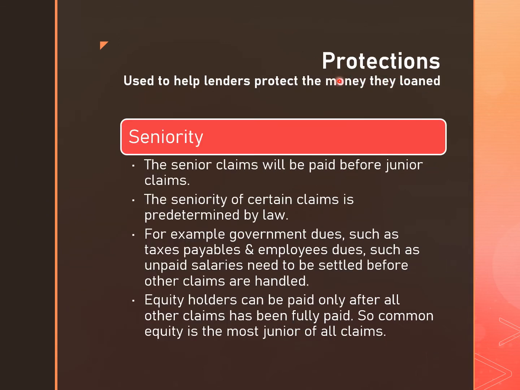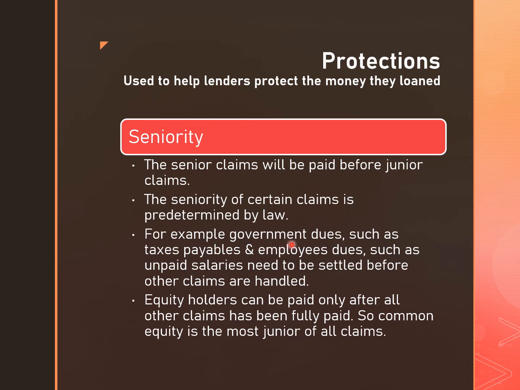Masih lagi mengenai protection, in detail kita akan tengok mengenai seniority. So the senior claims will be paid before the junior claim. So cara pembayaran hutang tu oleh company kepada lender, dia akan based on seniority. Siapa yang lagi senior, dia akan bayar dulu. So the seniority ni of certain claim, sometimes it is predetermined by law.